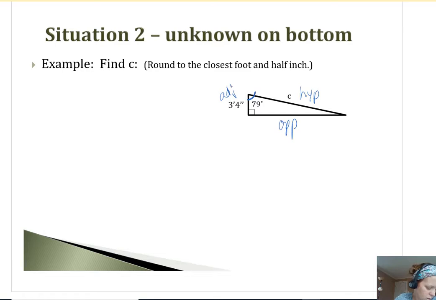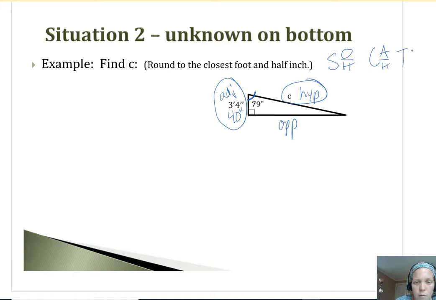I'm going to change it all to inches since 4 inches is a repeating decimal. It's like a third of a foot, so I'm going to make this into 40 inches. 3 times 12, 36, and another 4 is 40 inches. Okay, so now I did my labeling. I know adjacent. I want to know hypotenuse.